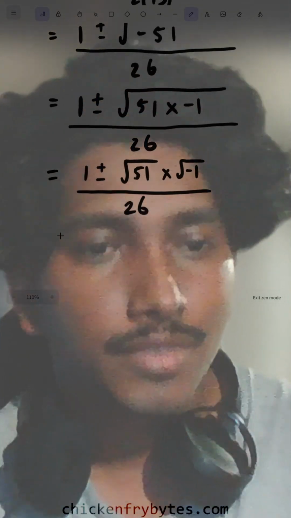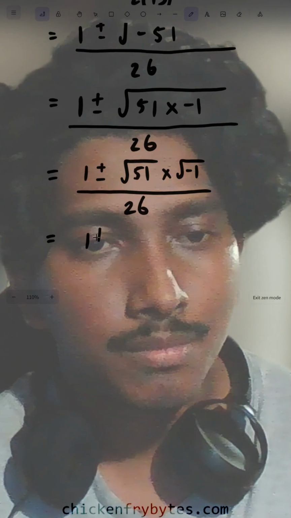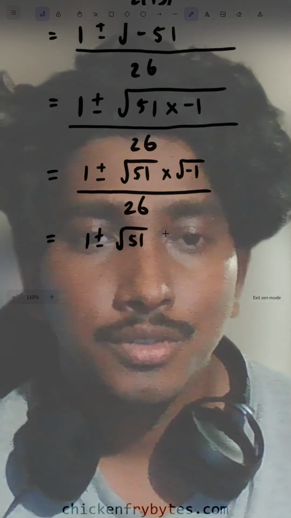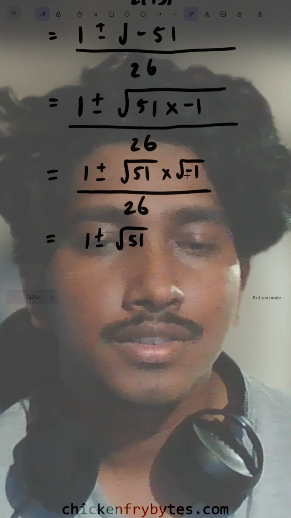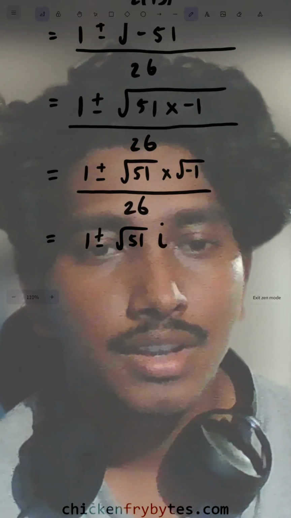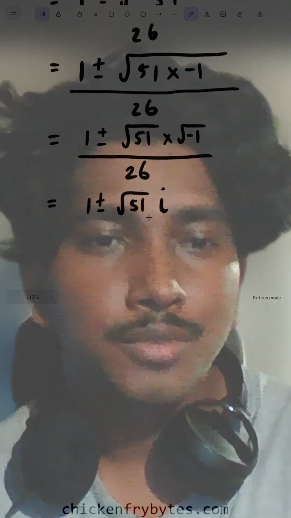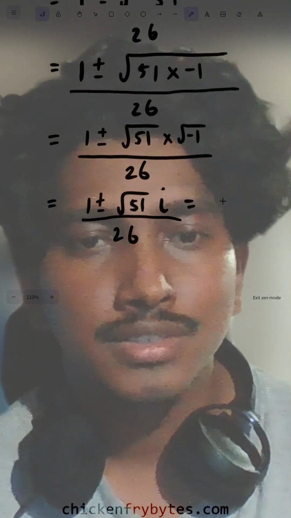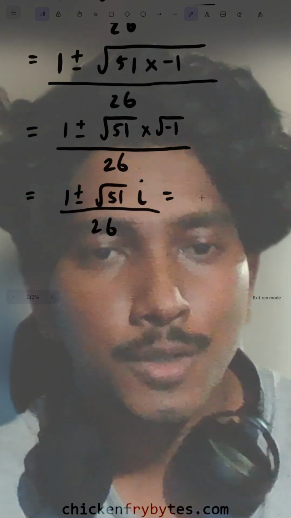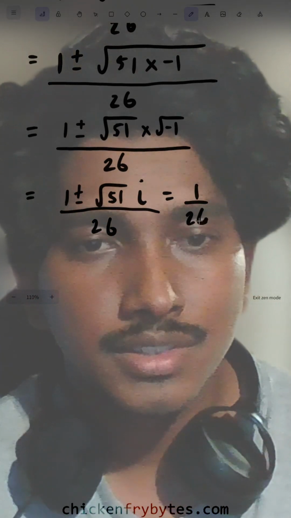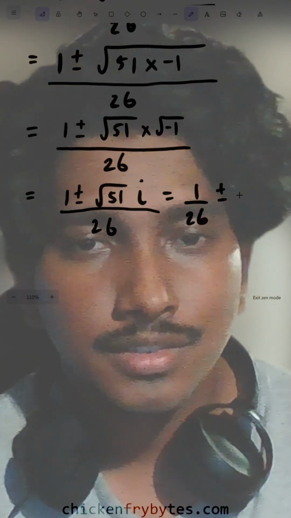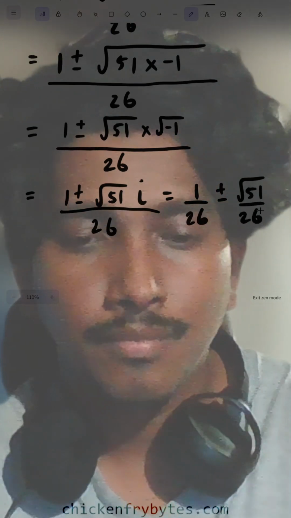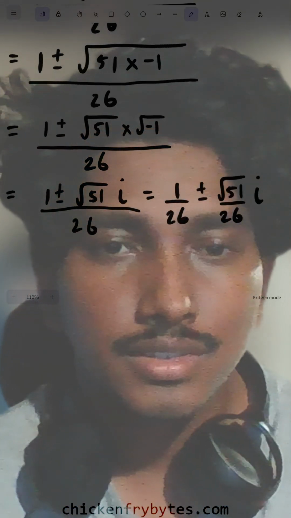And we're almost done, because here we have 1 plus or minus the root of 51, which is just a number. It's a coefficient of i in this case, because the root of negative 1 is simply i, and we have all divided by 26, in which case we can split it to make it easier to visualize: 1 upon 26 plus or minus the root of 51 over 26, all times i.